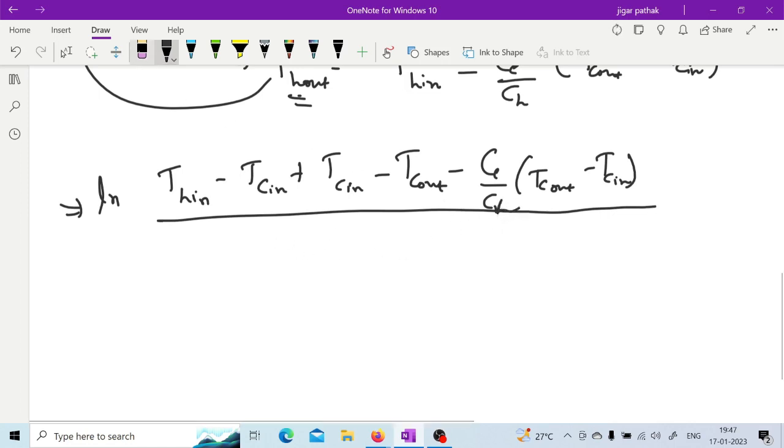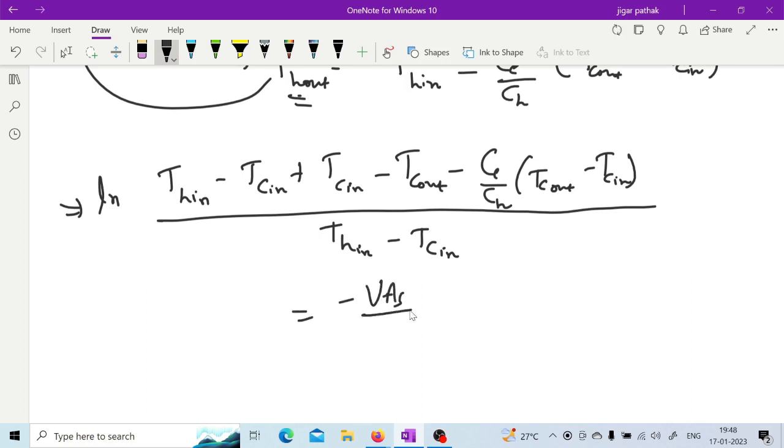Let me write it clearly. Here Th in minus Tc in will remain as it is, and this is equal to minus UAs by Cc (1 plus Cc by Ch).